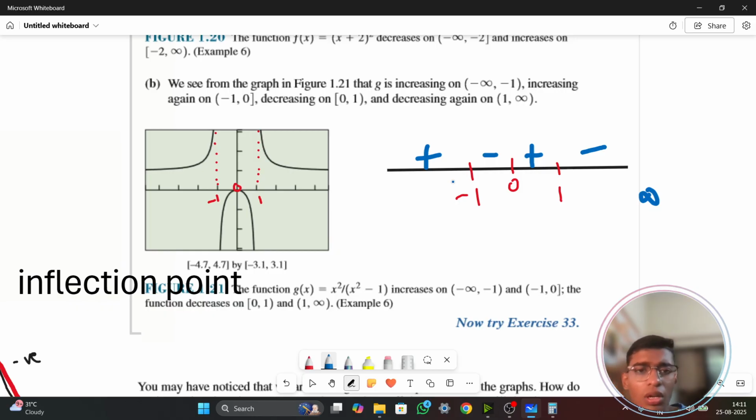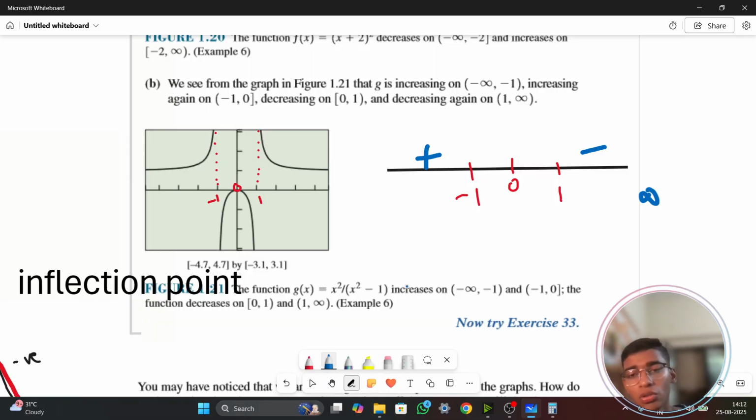If I put some value between 0 and 1, is my function increasing or decreasing? It is decreasing here, and it was doing the opposite thing here. So from this, it is confirmed that not in every function will you get consecutive alternating signs. So you need to always be careful and do a cross check.